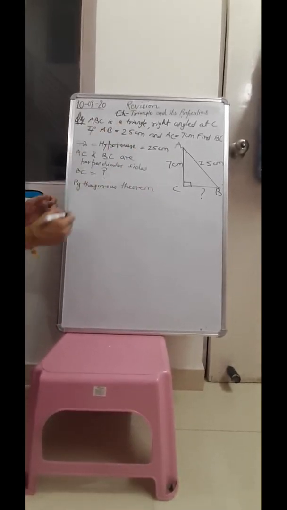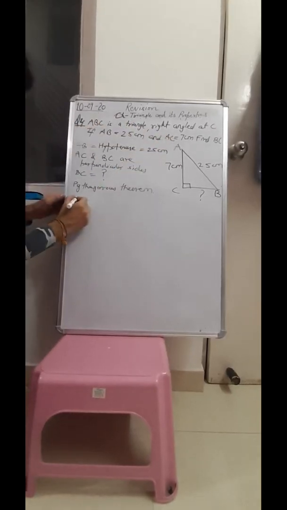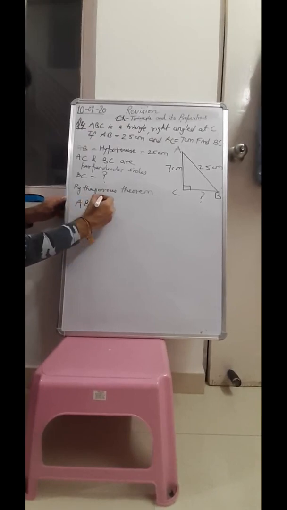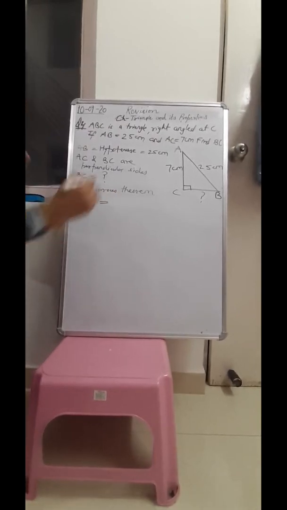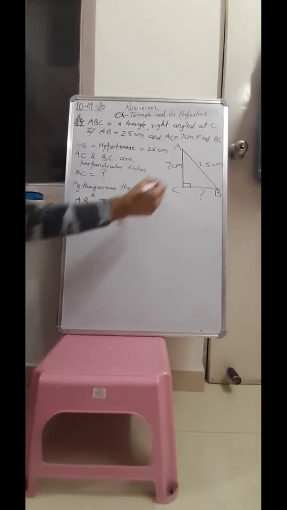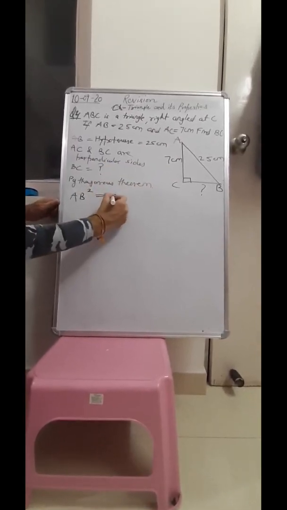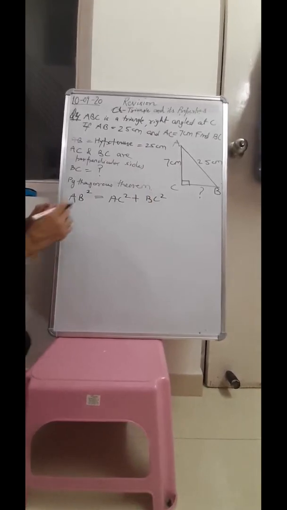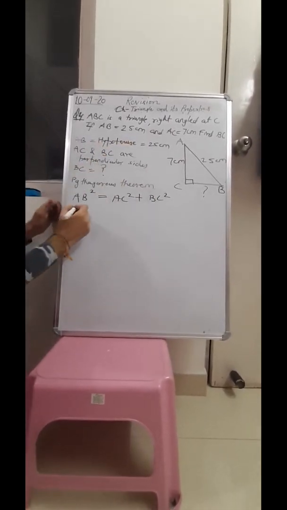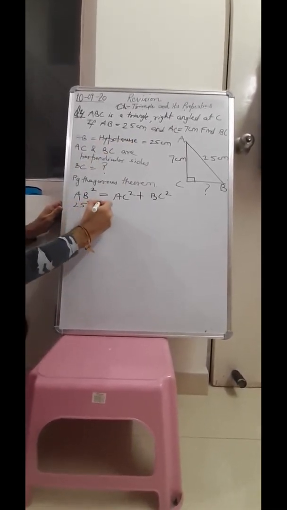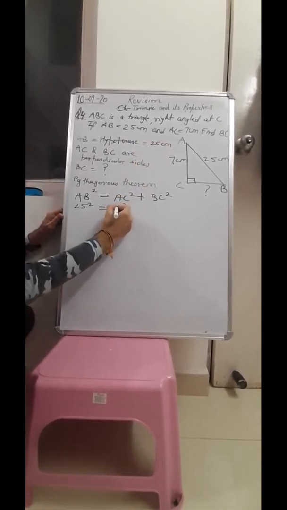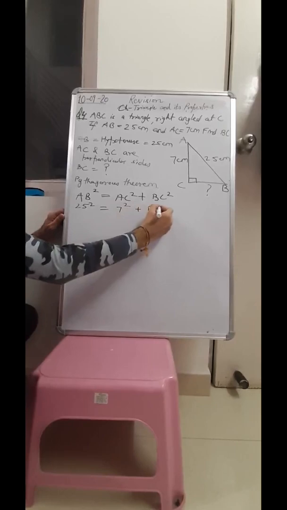In the Pythagoras theorem, the hypotenuse side squared, that is AB square, will be equal to the sum of the squares of the other two sides, that is AC square plus BC square. So AB is given to us, that is 25 square, AC is given to us, 7 square, plus BC square.